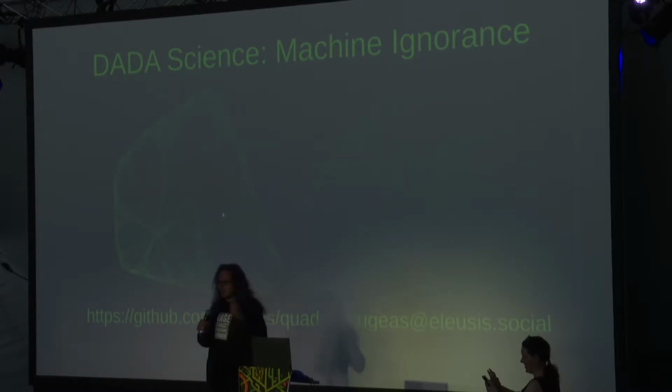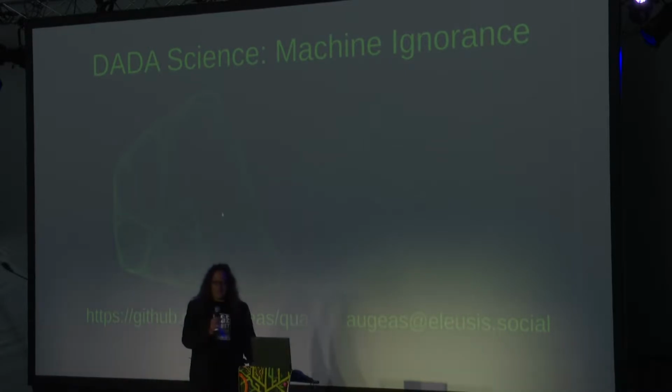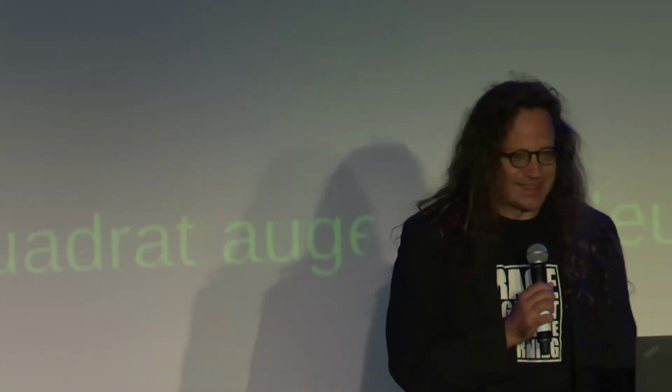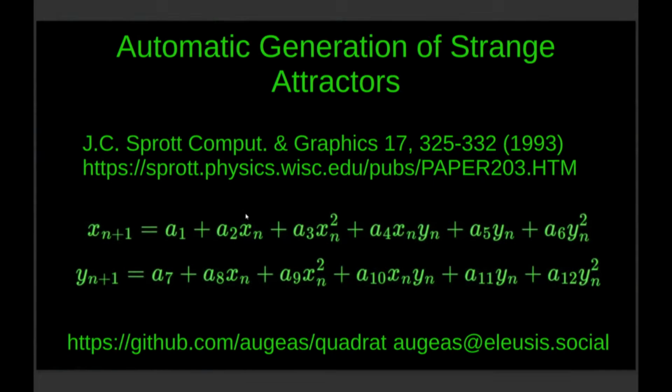So, the source of the enigmatic images which I have been liberally and literally littering the camp with. You can go and read Sprott circa 1993 for yourself, but they are created by recurrence relations, or if you like, coupled quadratic difference equations.